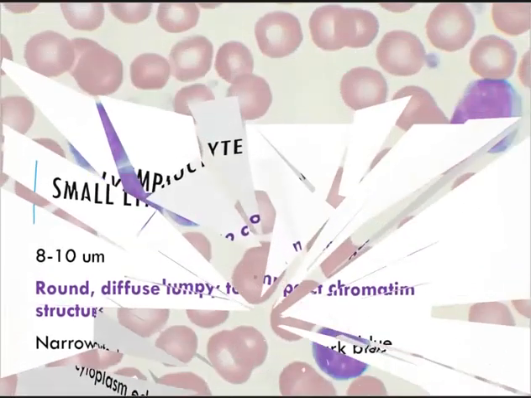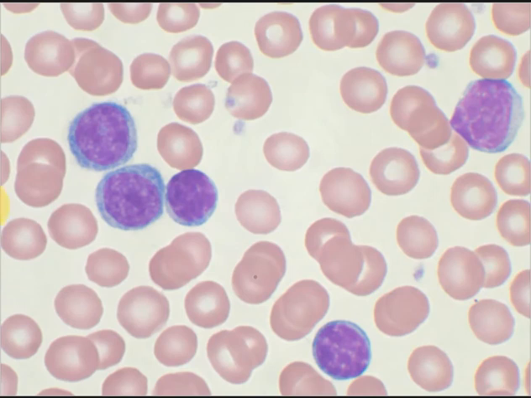Okay, so we have a picture. As you can see here, for your small lymphocytes, the cytoplasm is usually just small. It's smaller compared to your large lymph. Gamay ang cytoplasm.